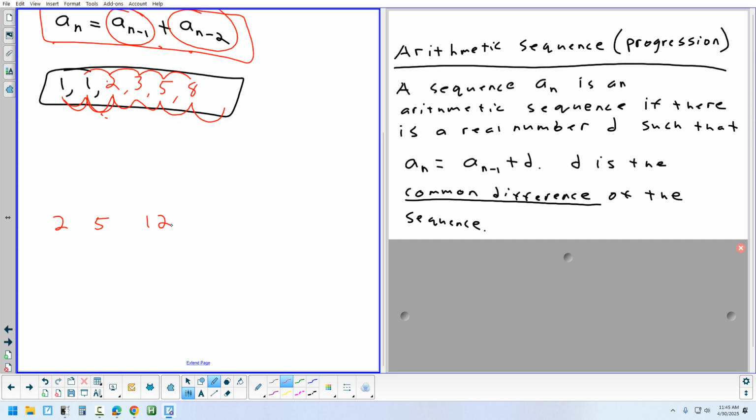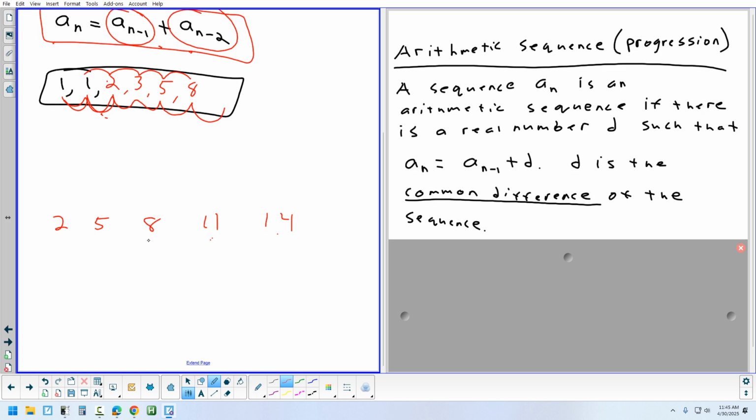Let me, that's not going to work. Let's do 2, 5, 8, 11. What did I add each time? I added 3. What's 14 minus 11? 3. 11 minus 8? 3.